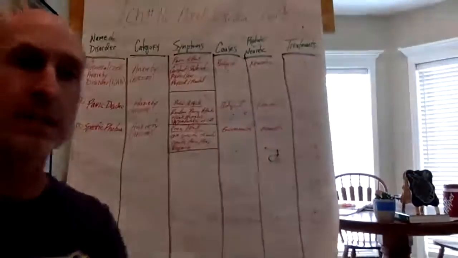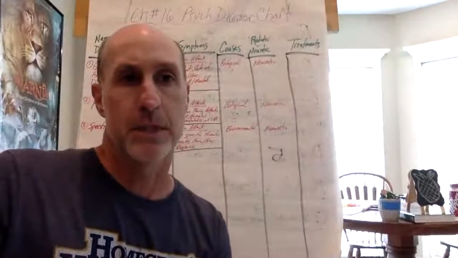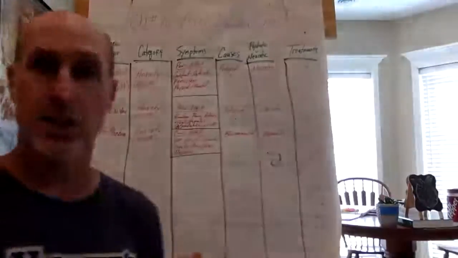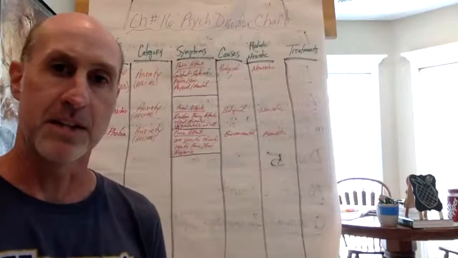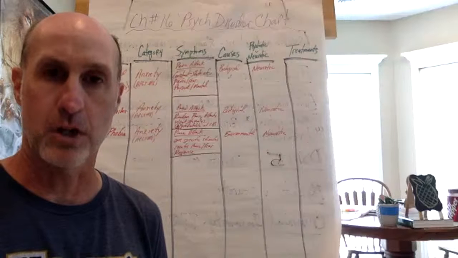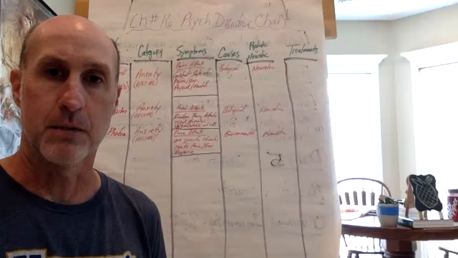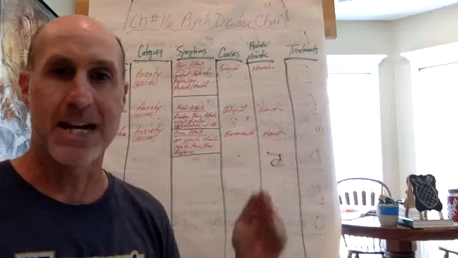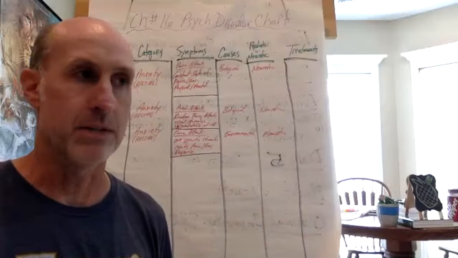I'm going to wait a couple more seconds before I go. If you want to get out a sheet of paper, designate this as your psych disorder chart. We're going to cover about 15 disorders, so it's probably going to take up one side and probably the other side, usually about 2 pages.